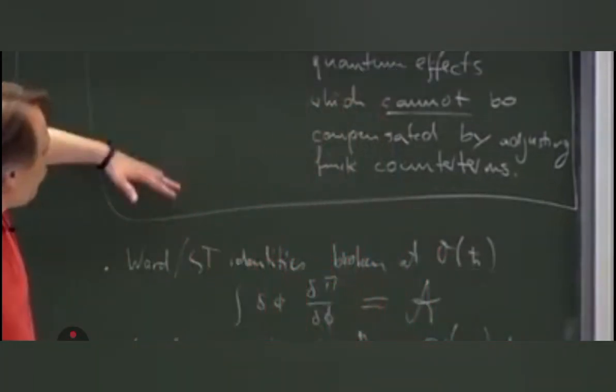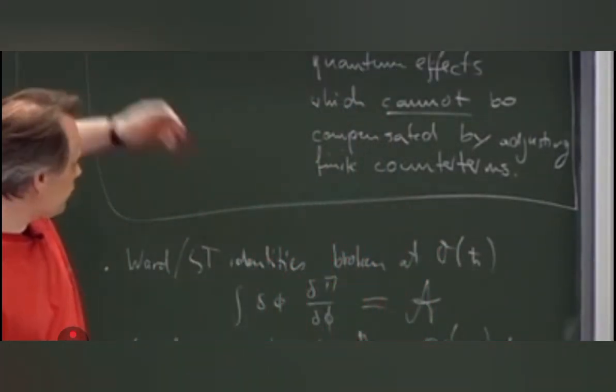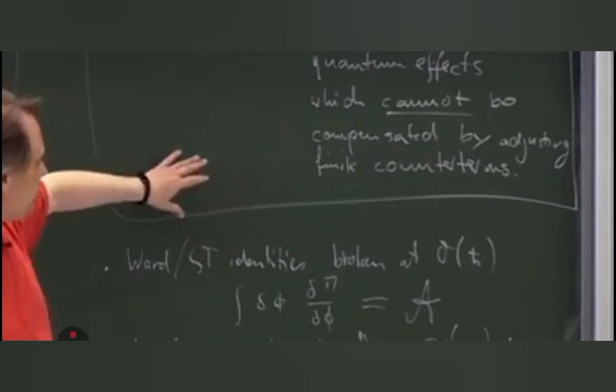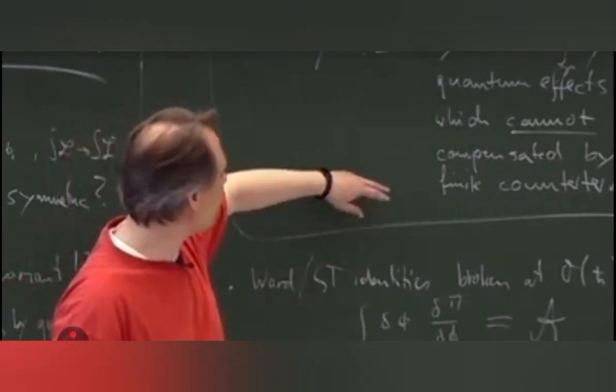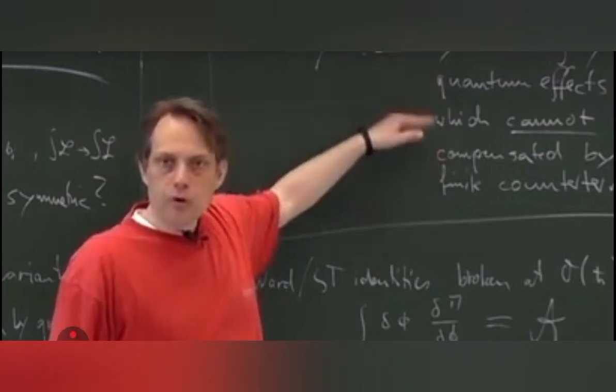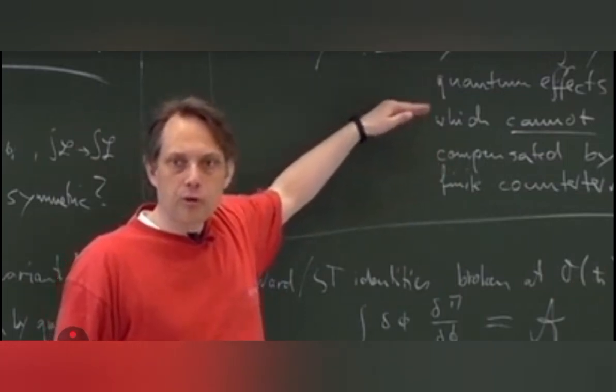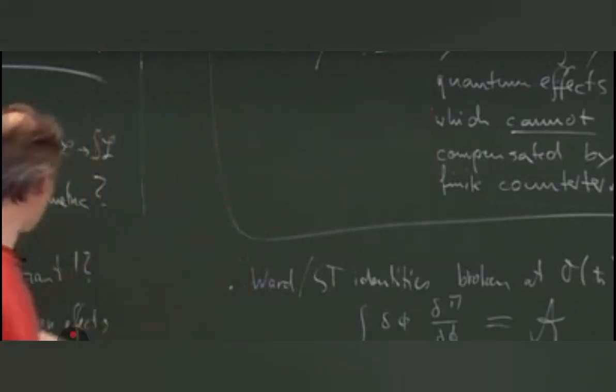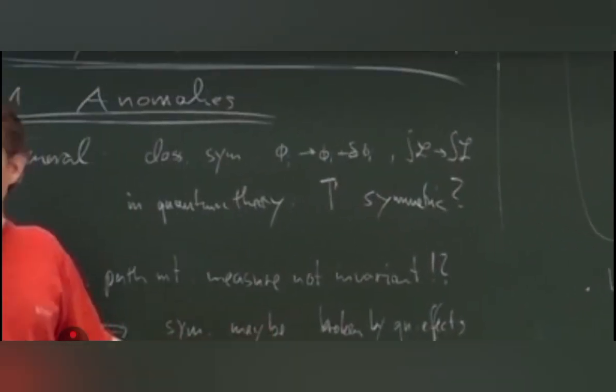It is not obvious at this point, but it can be established in other ways, and we will see how. The existence of such an anomaly is a true physical effect, and it does not depend on the details of how you choose to regularize and renormalize your theory.